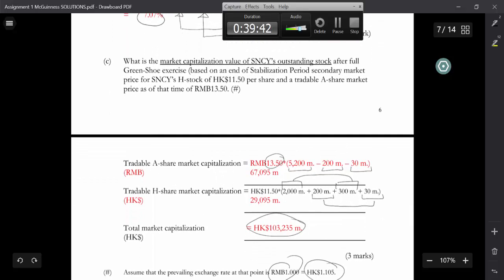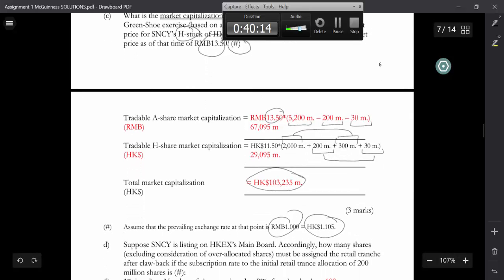What is the market capitalization value of the outstanding stock after full green shoe exercise? Again, there's a footnote. So based on a share price of 11.50 for H shares, and then 13.50 for the A, I think you're going to need some kind of FX conversion factor, aren't you? Oh, here it is.